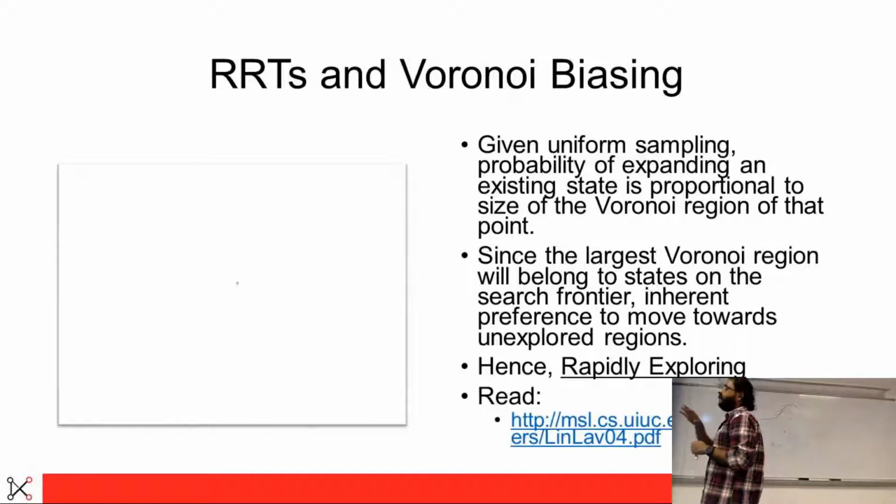The idea is that given a uniform sampling of your space, because this is a sampling based algorithm, which means that we don't want to select points from one region only. We want a uniform sampling of our space.